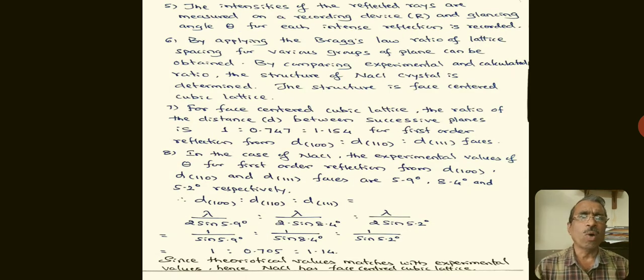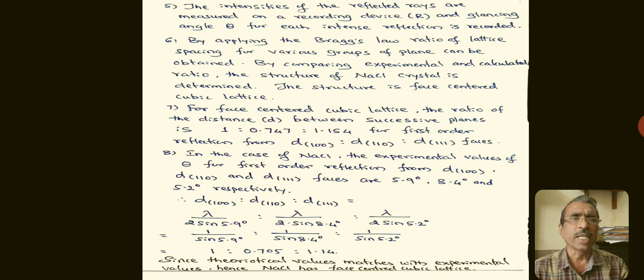The intensities of the reflected rays are measured on a recording device R, and the glancing angle theta for each intense reflection is recorded. By applying Bragg's law, the ratio of the lattice spacing for various groups of planes can be obtained. By comparing experimental and calculated ratios, the structure of the sodium chloride crystal is determined.